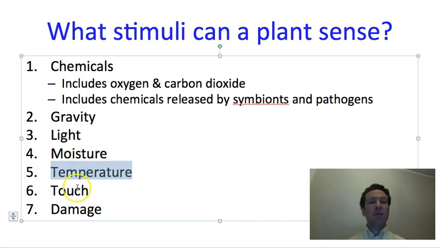They can assess temperature. Some plants also can perceive touch and will actually react to the touch, and we'll talk about that more in another lecture. And plants can sense when they've been damaged. So that gives us 7 different categories of stimuli that you should be familiar with.